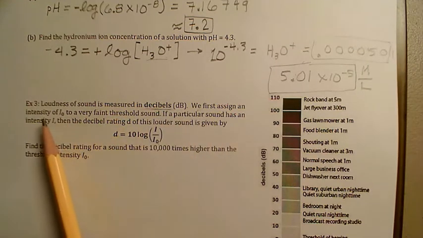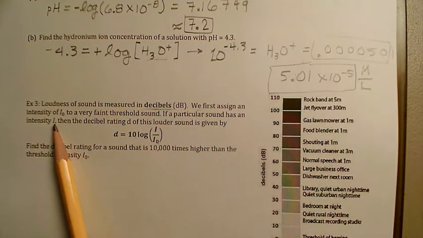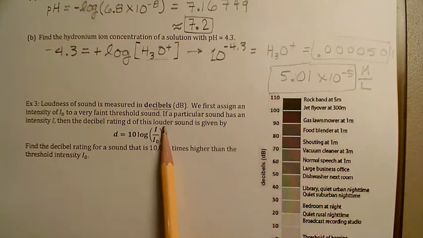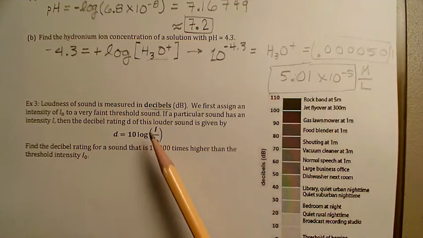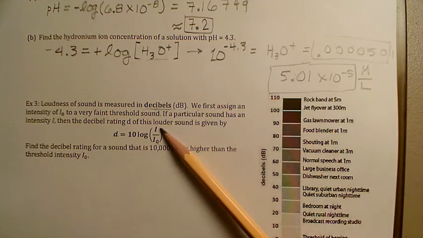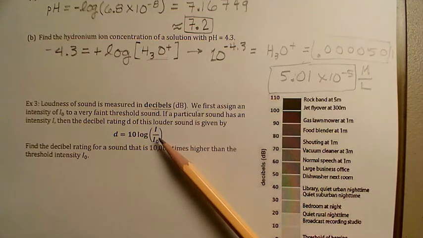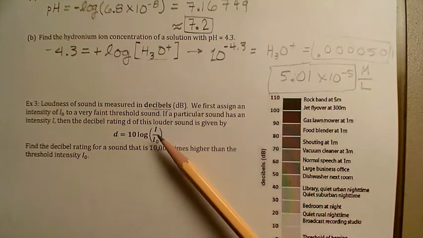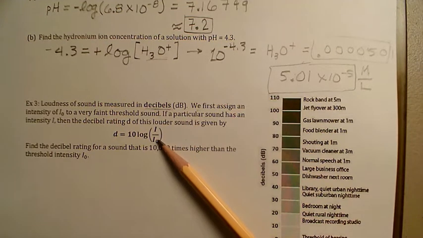If a particular sound has an intensity I, the sound we're interested in, then the decibel rating D of this louder sound is given by this. So it's a ratio of the intensity of the sound we're interested in over the threshold sound.